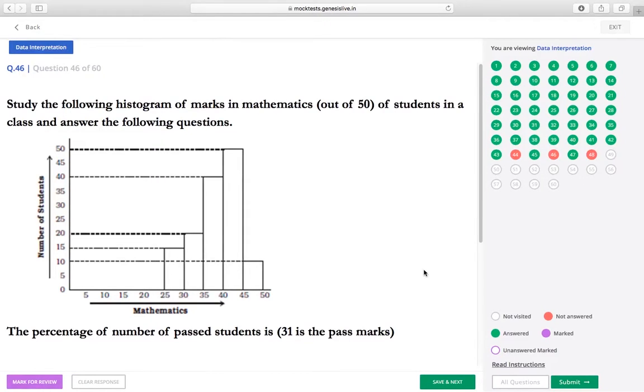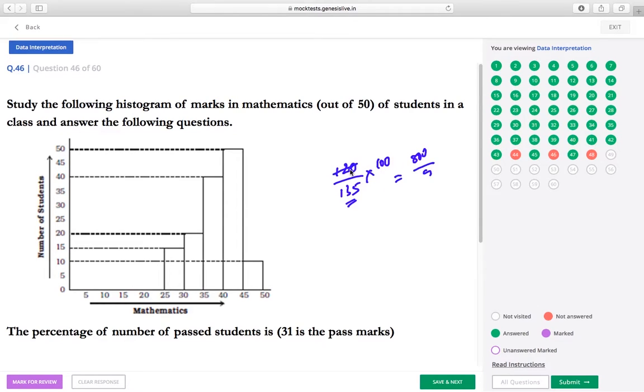The percentage of number of passed students. So we'll start with 30 to 35. You have 20, plus 40, plus 50, plus 10. So overall it becomes 120. So 120 divided by 135, which is the total from the last question, into 100. You get 800 by 9.